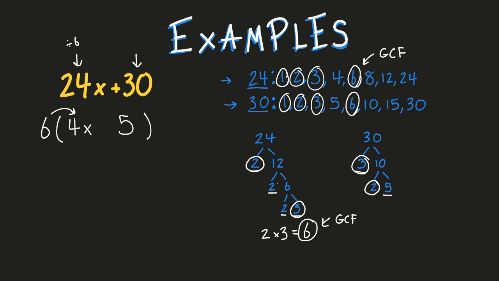We know that 5 would have had to have been there, and it was a positive. Again, if you ever wanted to check, you could do your 6 times 4 and your 6 times 5. You could kind of redistribute and see if you get back there. But here is our factored form, 6 times 4x plus 5. And you should notice also that the numbers in here no longer have any common factors.